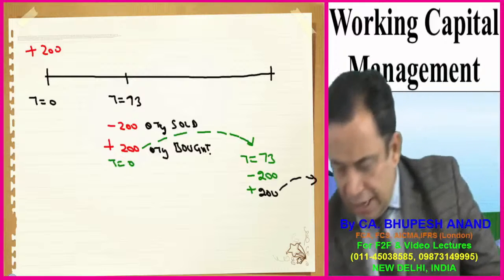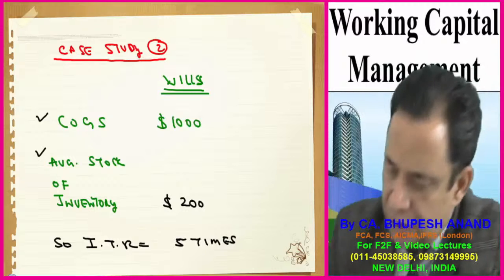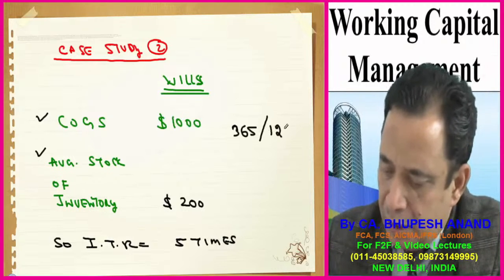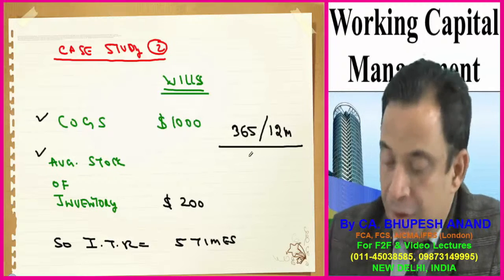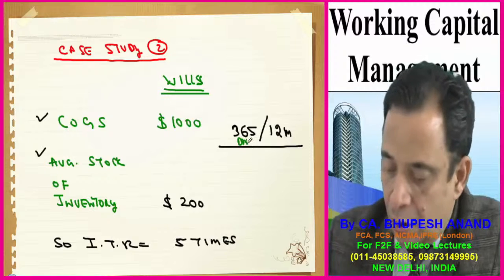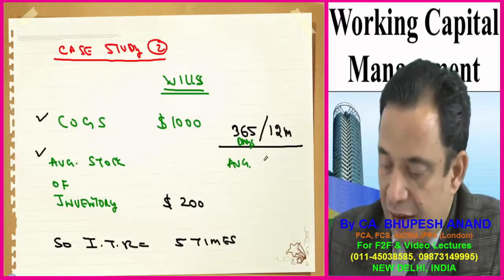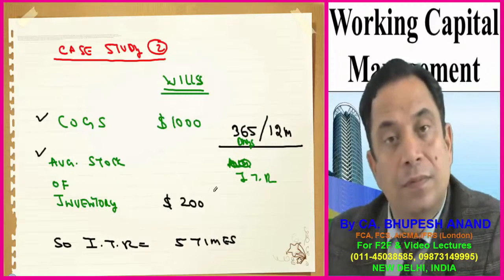I have given you the formula. I think you must have written that. The formula is, if you want to calculate in days, 365 days. If you want to calculate in months, 12 months divided by inventory turnover ratio.